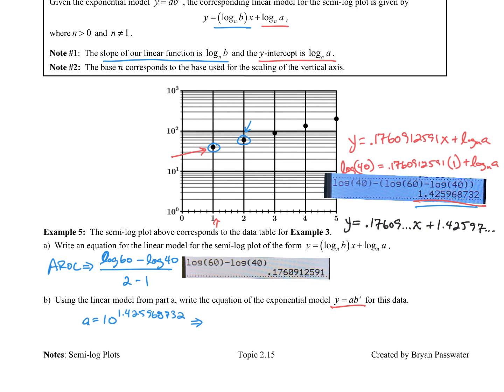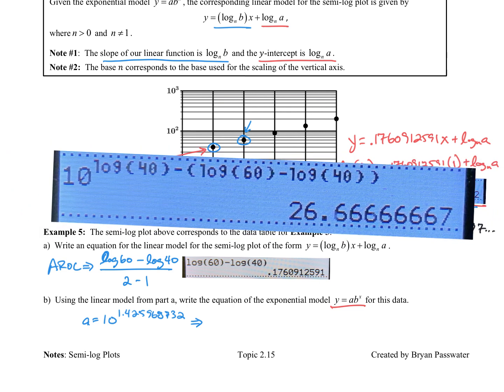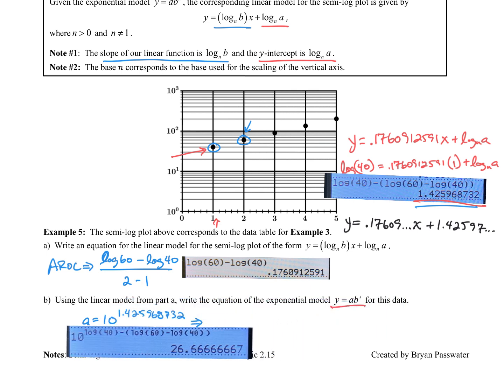And so now I'd have 10, and then to the power of, and then I'd like to copy and paste whenever I can. All right, instead of using all that, I'm just going to go into that, and I'm going to copy it, and then I'm going to paste it. So now my A would be this 26.6 repeating.